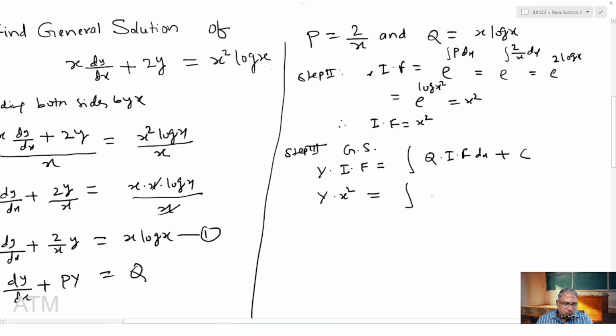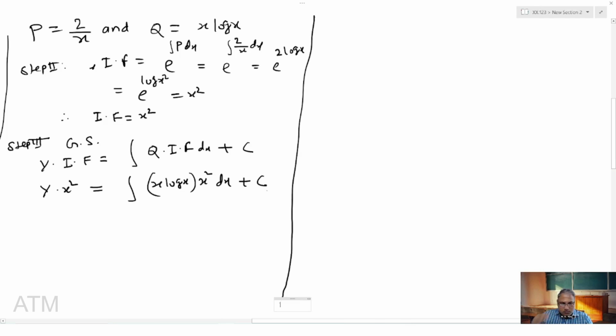So q, nothing but x log x, and integrating factor x square, that is integration of x log x times x square dx plus c. Now x square y equals integration of x cube log x with respect to x plus c.